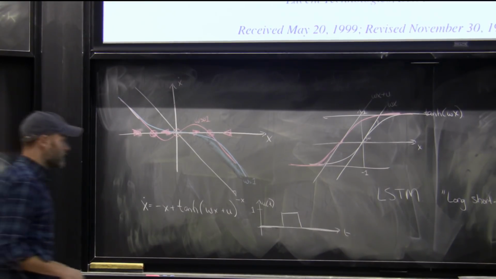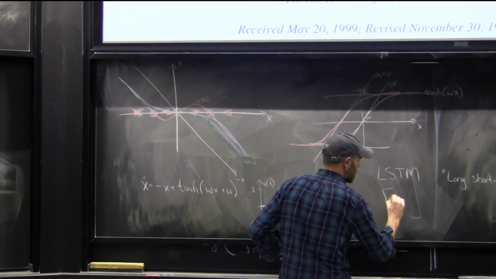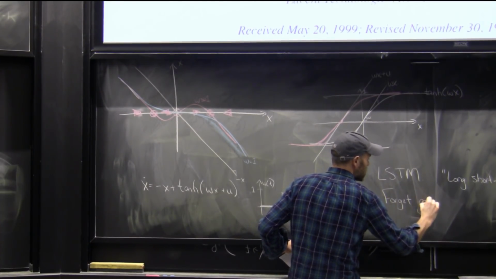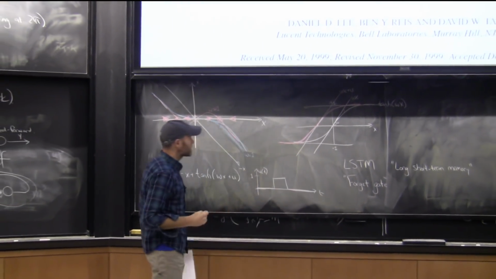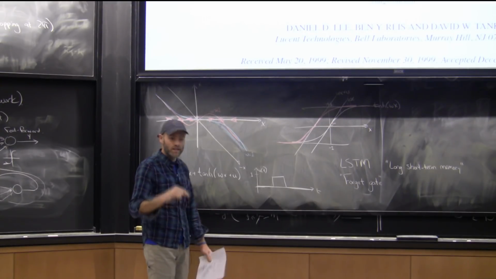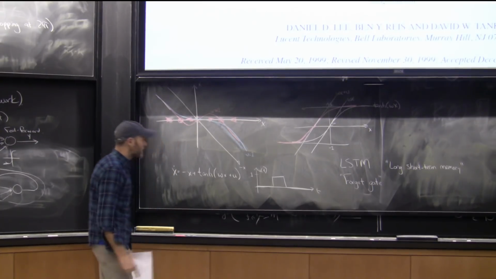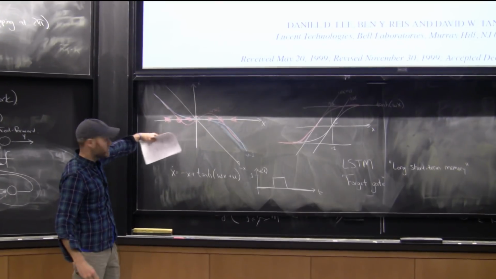Let's just do the forgetting gate. People have found experimentally, I guess, that if they put in an extra input to the network, which is like, you will forget now, then you can understand that in terms of this graphical analysis.